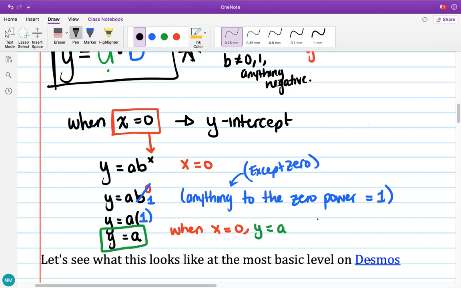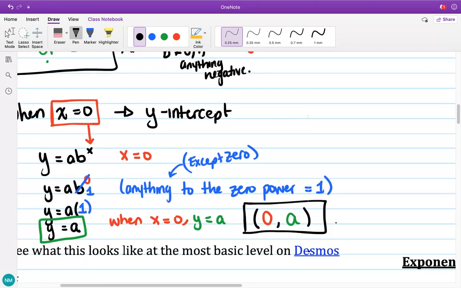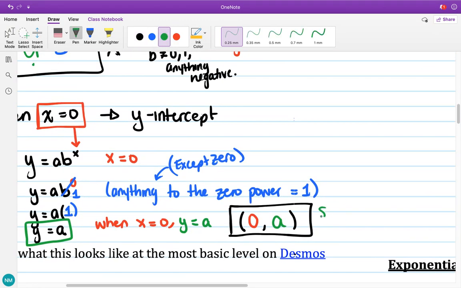So the point that we have is (0, a), and that is my y-intercept. I'm going to write that here. So a is my y-intercept.